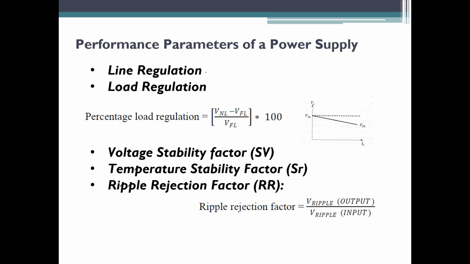Line regulation is basically a ratio: the change in the output voltage of a DC voltage source divided by the line voltage being supplied to that voltage source. Ideally, I expect the line regulation to be 0, and practically it should be as low as possible. So you can write it as a ratio of VDC divided by VAC.